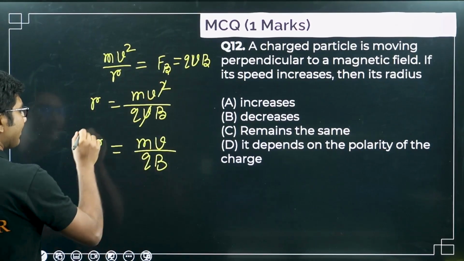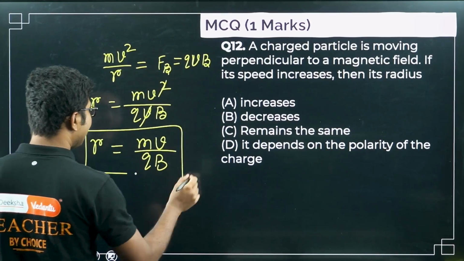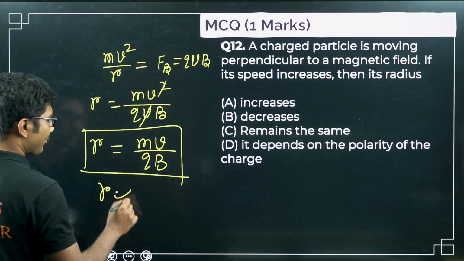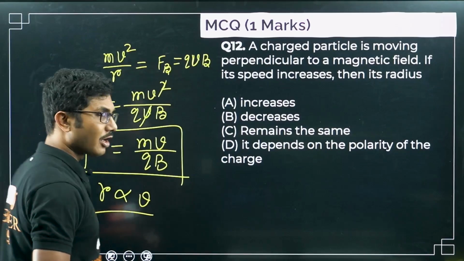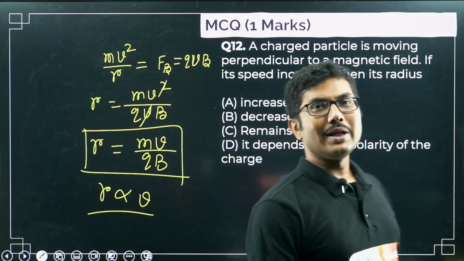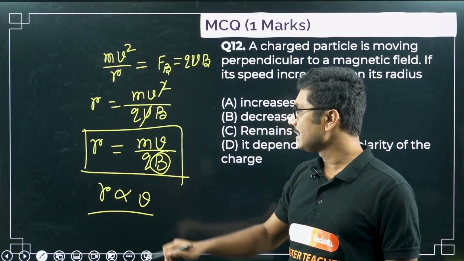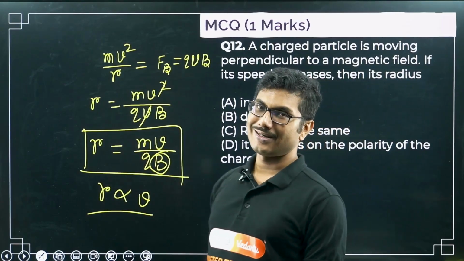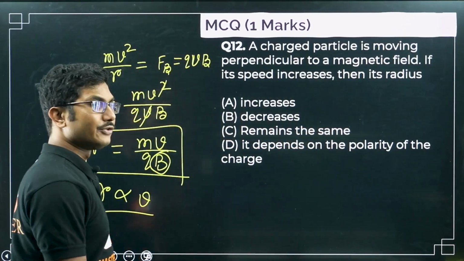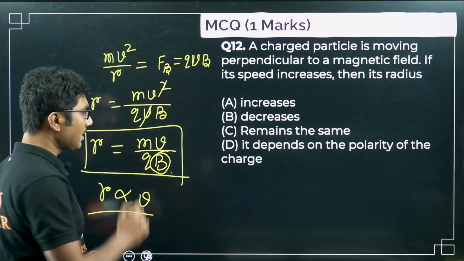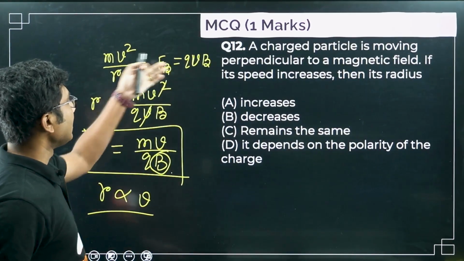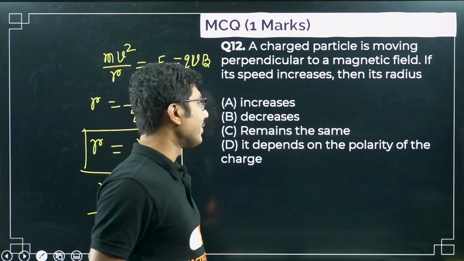As you can see from the expression, the radius is directly proportional to velocity. So if velocity increases, the radius will definitely increase. If the magnetic field increases, then the radius will definitely decrease. This is the formula that you have to remember. In case you don't remember, you can use this concept to find the relationship.